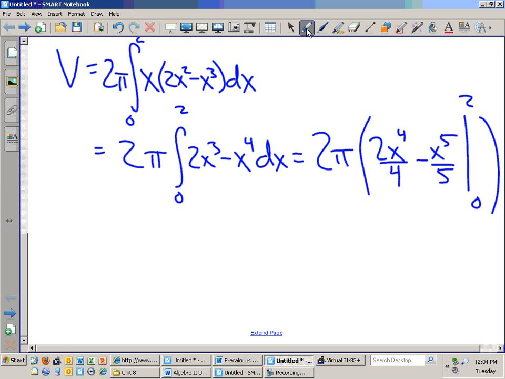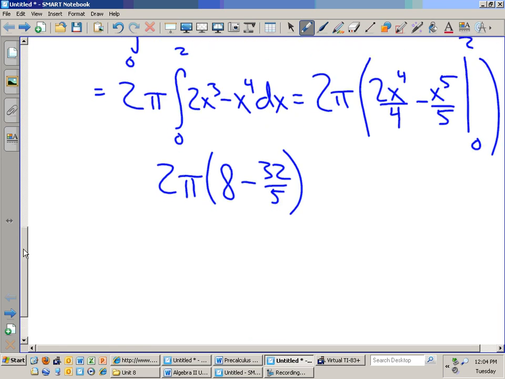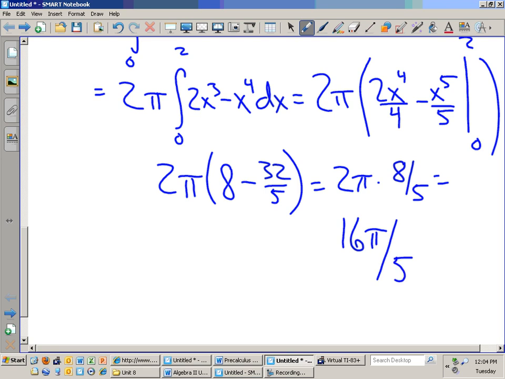Divided by 4 is 8. So I have 2 pi times 8 minus 32 over 5. Forty over 5 minus 32 over 5 is 8 over 5. 2 pi times 8 over 5. 16 pi over 5.